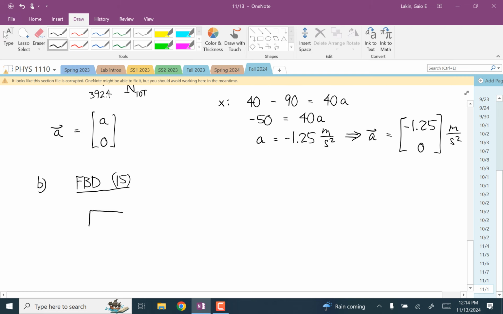So the 15 kilogram cart has the 40 Newton force acting over here, the weight of 147.15, the pushing force from the ground that I'll call N15, and then the only other place that there's contact with the surroundings is where the 25 is pushing on the boundary. And so I'll call that force R, and that's the complete free body diagram.